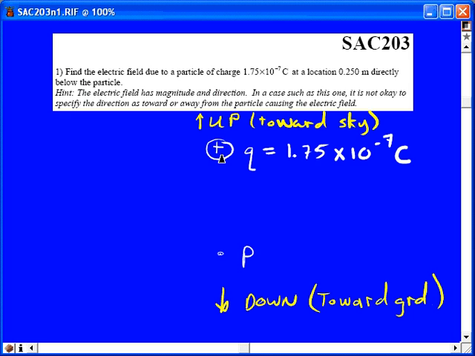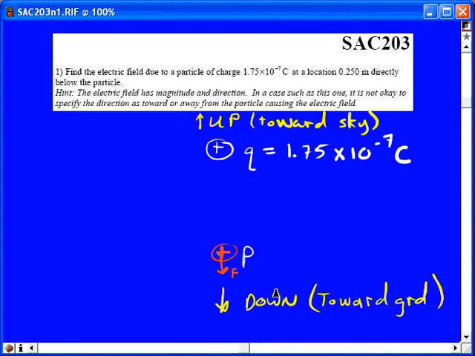Let's check on the direction first. Get the directions figured out. The direction of the electric field is the direction of the force that would be experienced by a positive test charge if it was placed at that location. So let's put temporarily a little positive test charge just to check things out, and it would experience a force in that direction.